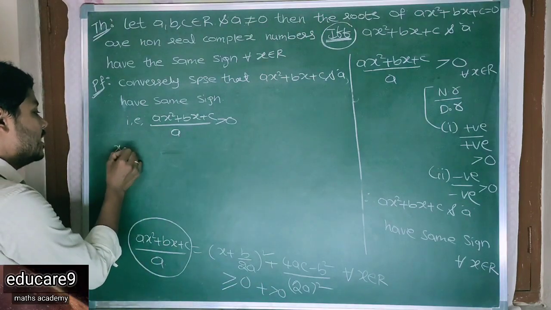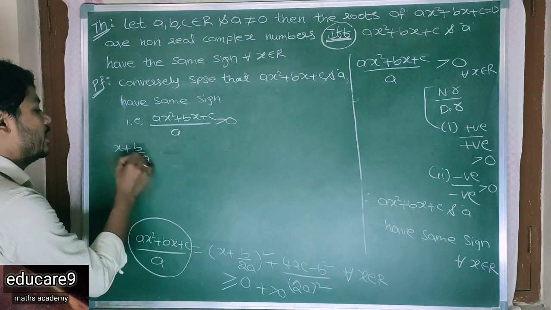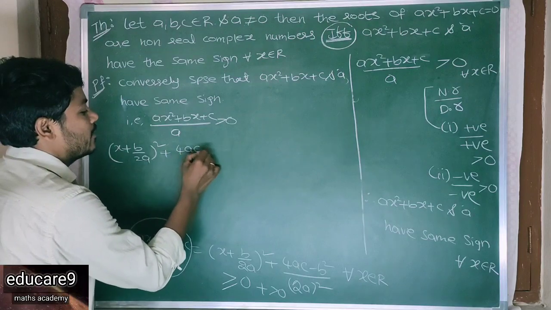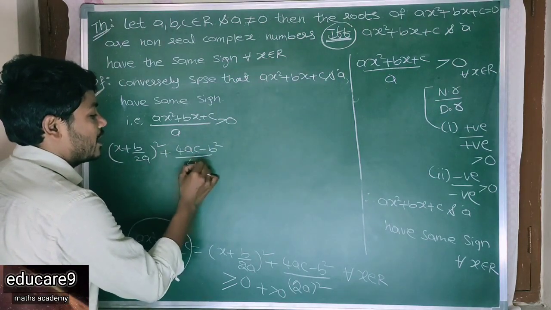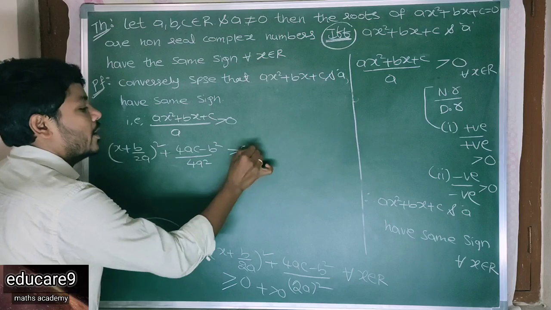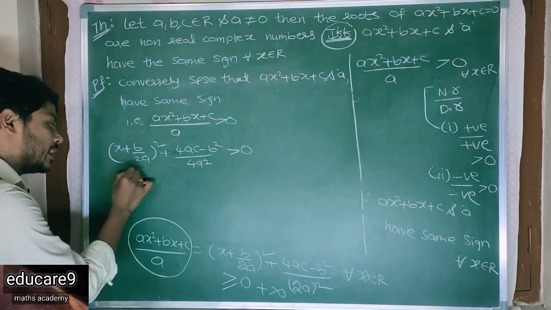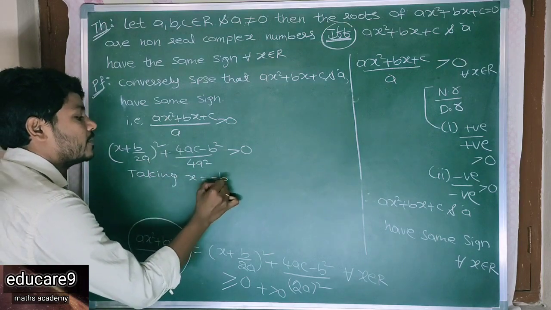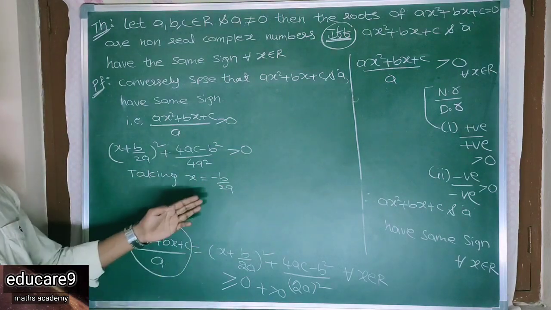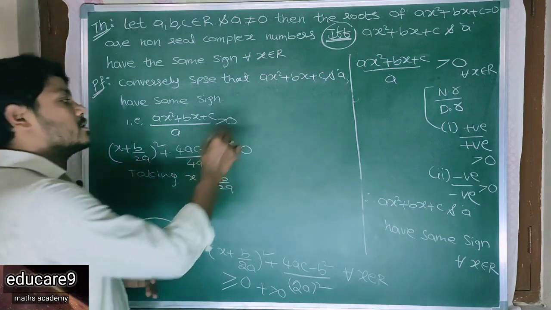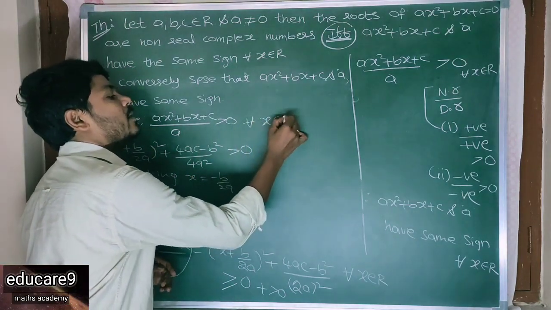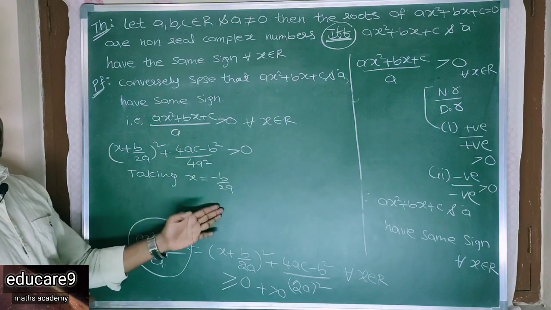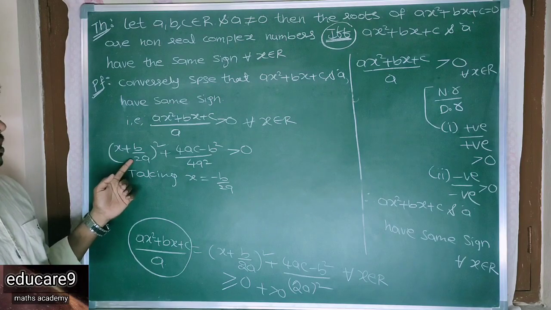So that is x plus b by 2a whole square plus 4ac minus b square by 4a square, which is positive. Since this holds for every x belonging to the real numbers, taking x equal to minus b by 2a, the first term becomes 0.